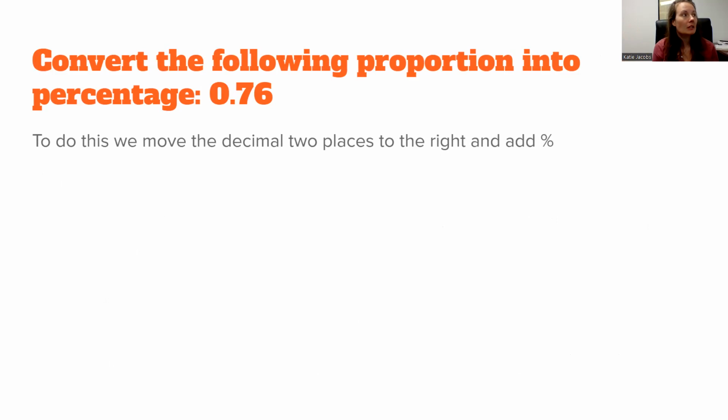Although I'm not typically going to test you over calculations or math specifically on our exam or closed book exams, I don't consider this math since all we have to do is just move the decimal 2 places to the right and add the percentage sign. So when we do that, we find that if we're going to convert a proportion of 0.76 into a percentage, we have 76%.